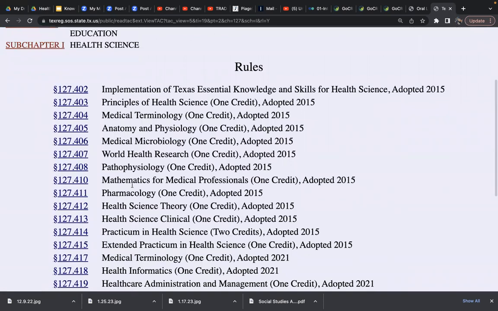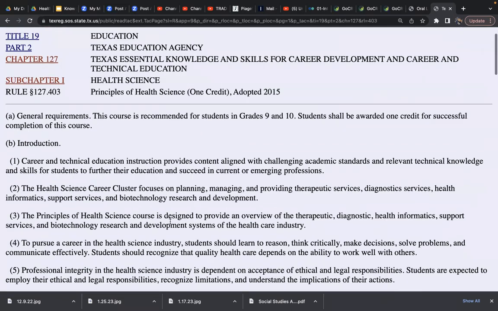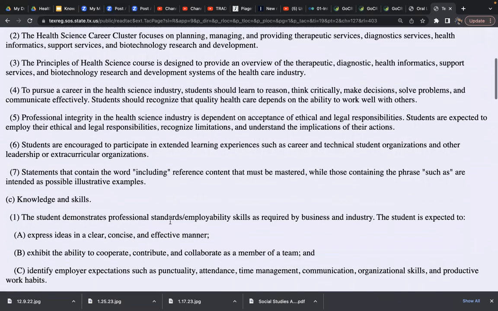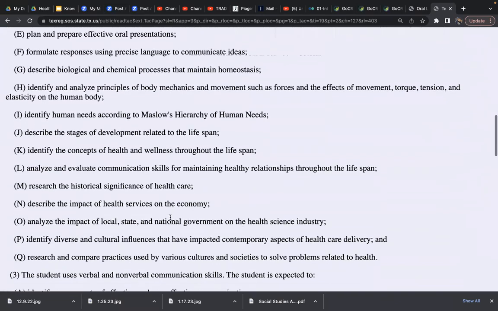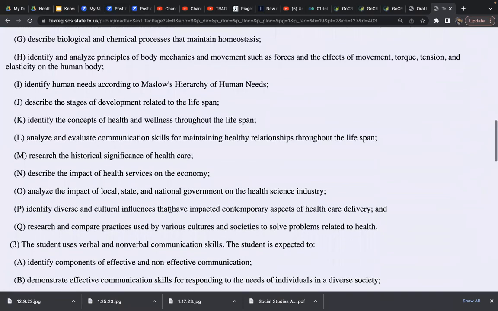Anything listed in your TEKS is up for grabs as far as your exam is concerned. So go through these and make sure that you feel comfortable with all of the knowledge concepts and that you're able to do the skills that are required of the students.